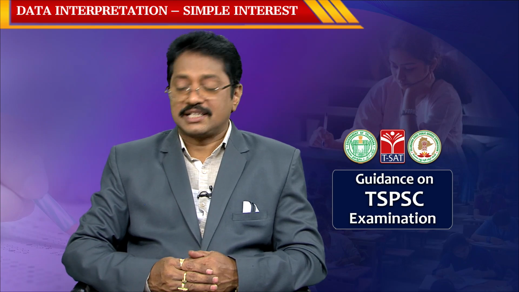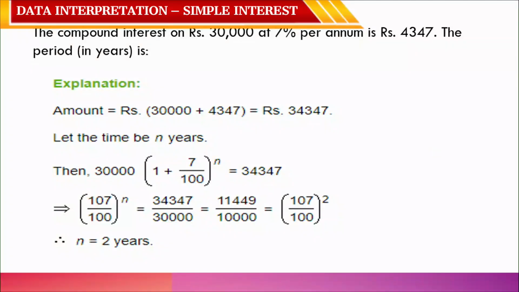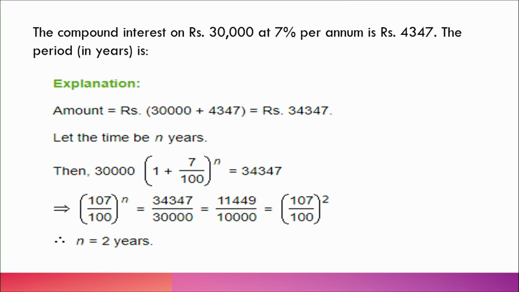The compound interest is 4,347 rupees, the principal is 30,000 and the rate of interest is 7%. For how many years? That is the question. So what is the given information? The principal amount P is given, that is 30,000.